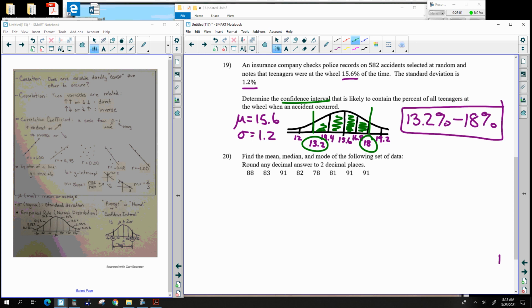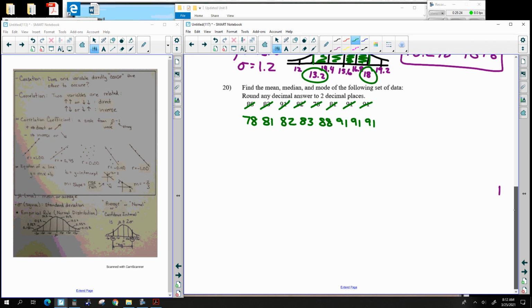Nope, not the smallest. 78 is the smallest. Put them in order. So, all right, so here we go.